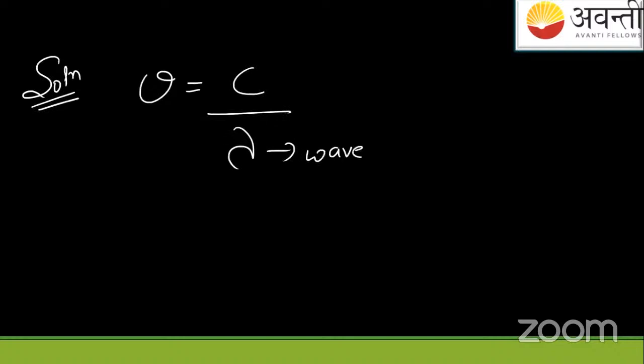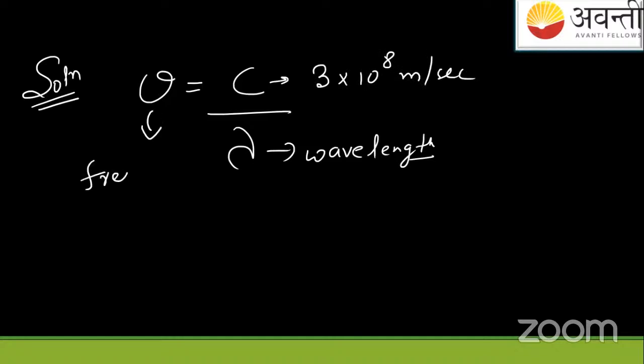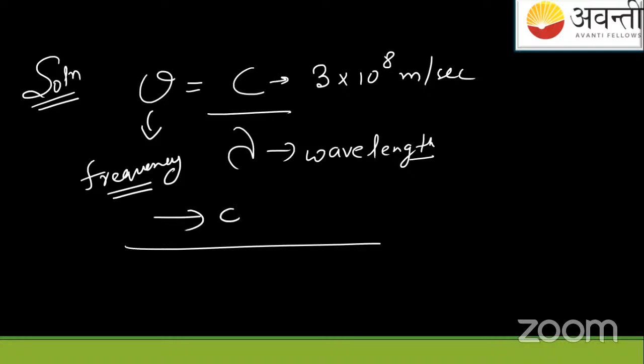See, we know frequency of a light wave is given by this formula, C by lambda, where lambda is nothing but wavelength. C is the speed of light, which is given by the value 3 into 10 to the power 8 meter per second. Mu is the frequency. Remember, when a light ray is in air or vacuum, it is having C speed.